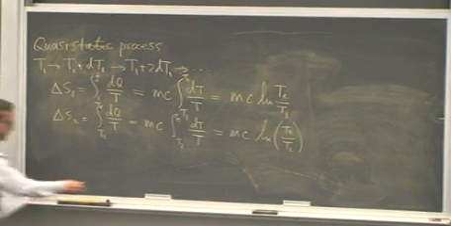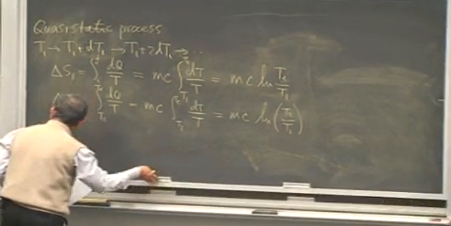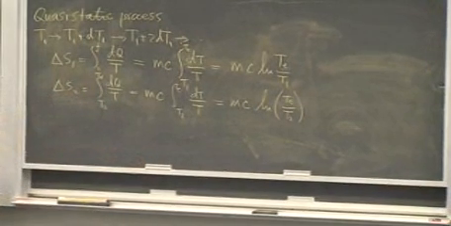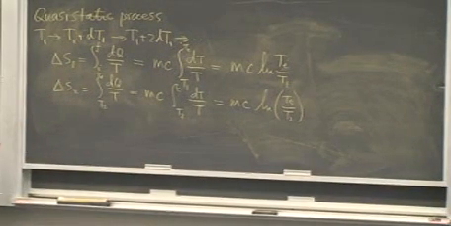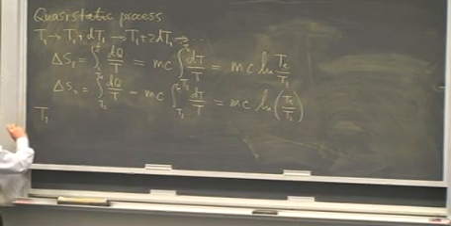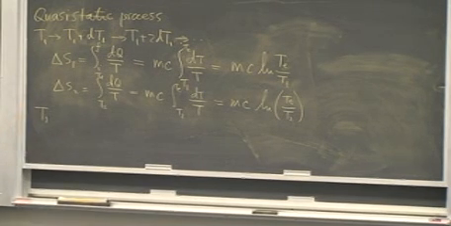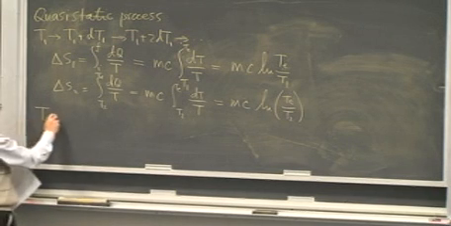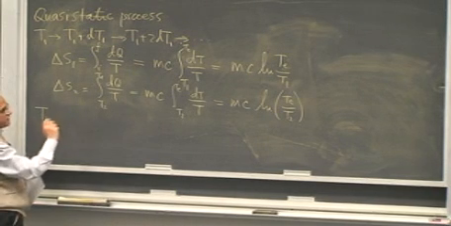Notice that T1 was less than T2, so Te is somewhere between T1 and T2.